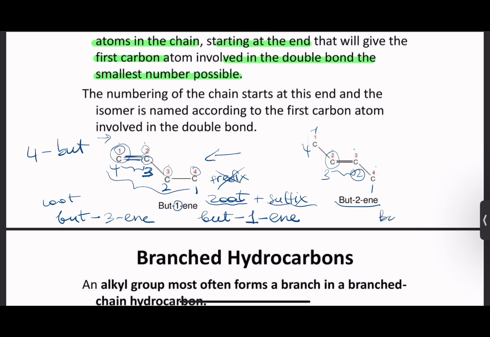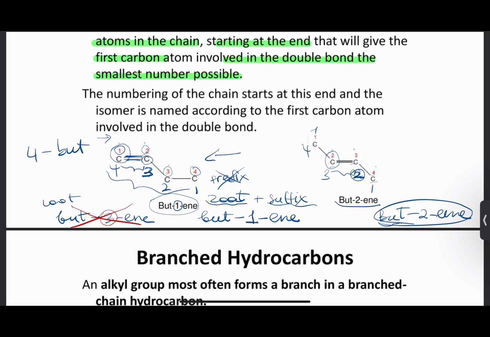So my root, because I have 4 carbons, is but, and then the second carbon is where my double bond starts, so I put 2-ene. Okay, so this is the right way of doing it. You always want to get the smallest number possible, but this one here is not right because it gave me but-3-ene.